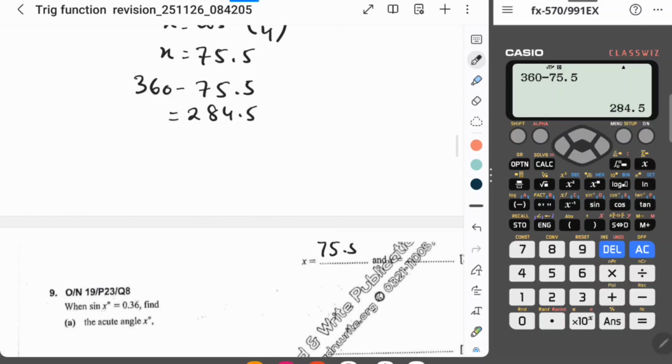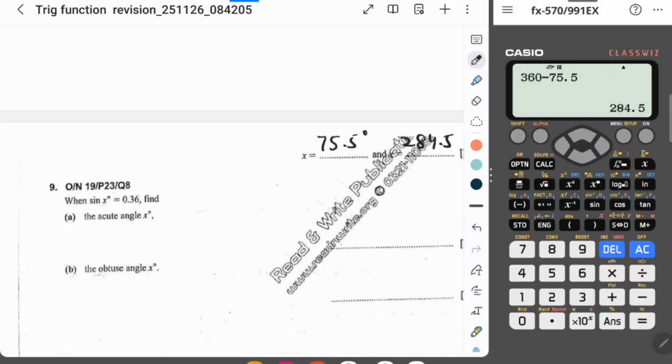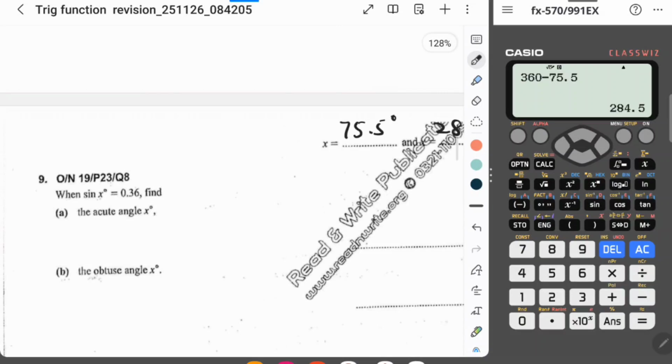75.5 and 284.5 degrees. This question is when sine x equals 0.36, what is x? So x equals sine inverse 0.36. That is equal to 21.1, which is an acute angle.